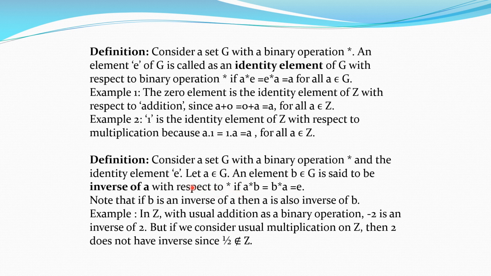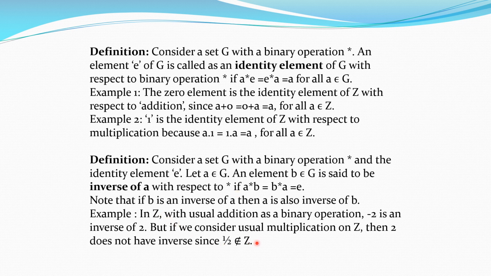So B is equal to 0 minus A. That means minus A. So for every element A in Z, minus A is its inverse with respect to addition. So in particular, for A equal to 2, minus 2 is its inverse. If I consider minus 5, then 5 is the inverse with respect to addition because minus 5 plus 5 is equal to 0, which is an identity element.